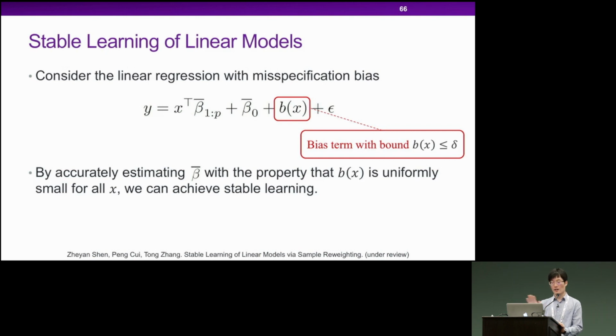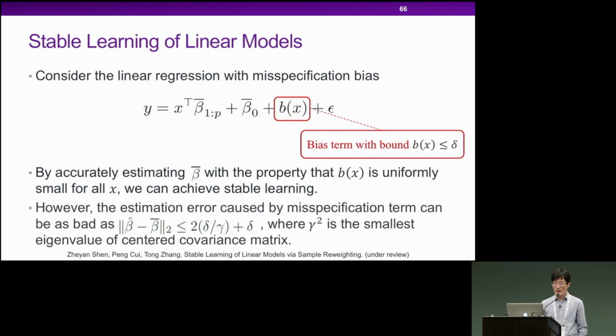If you just want to make a stable prediction, then the safest way is to use beta bar to estimate, because the bias term b(x) cannot be correctly estimated, maybe. So we do some theoretical analysis here, and we find that the estimation error between beta hat and beta bar is bounded in this way.